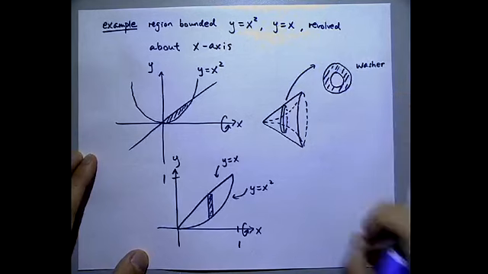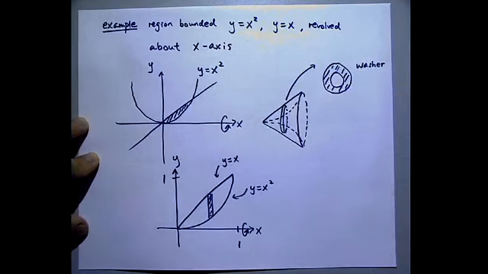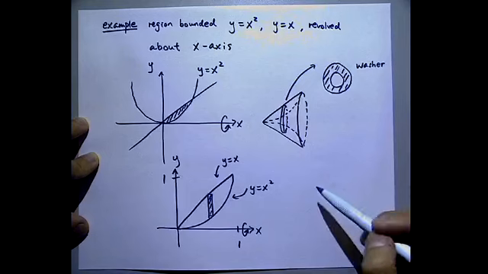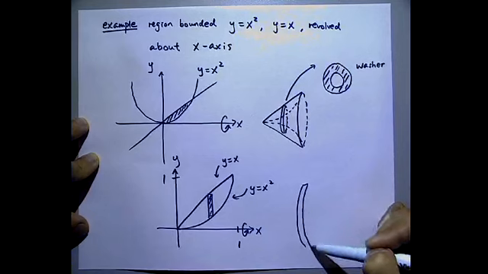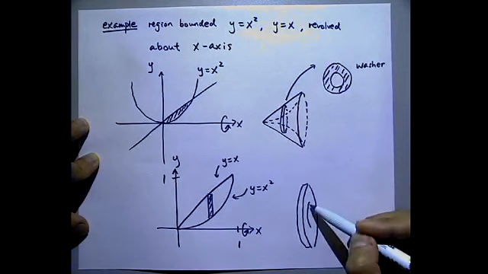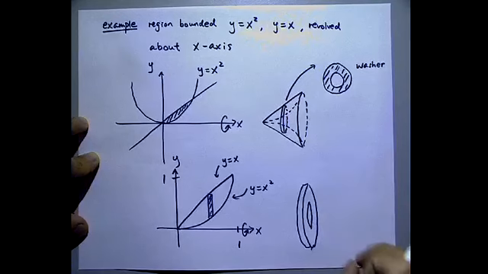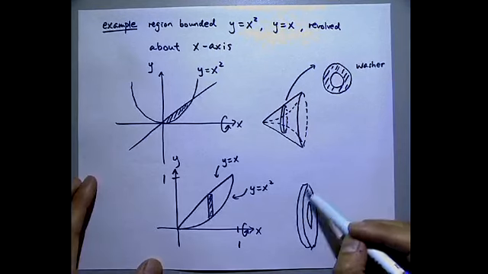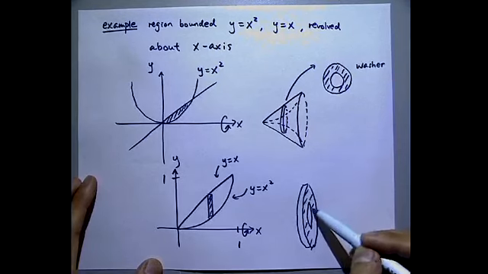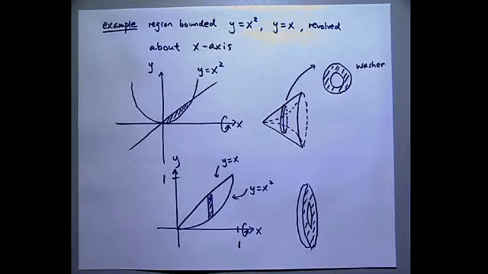Now it looks like a donut. All right, so that little washer is going to look something like this. But what we do is still the same. We find the volume of this washer, and then we integrate over the entire region.